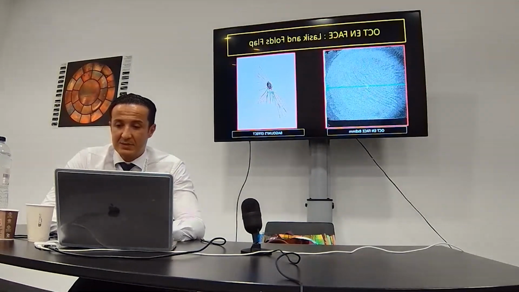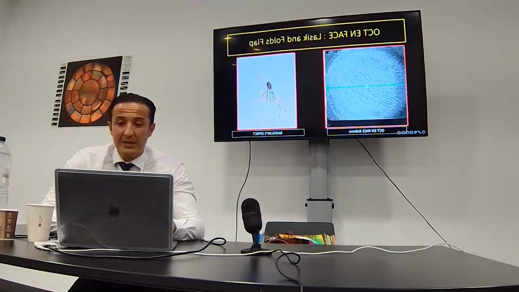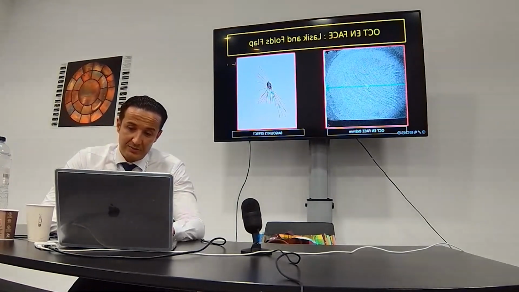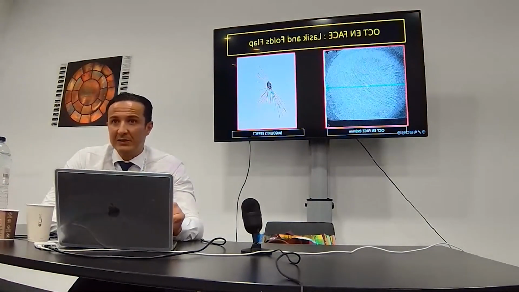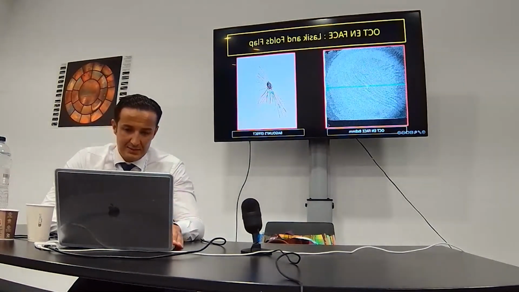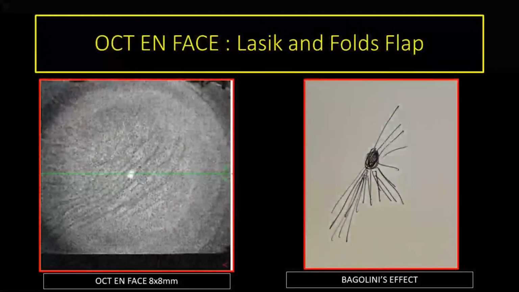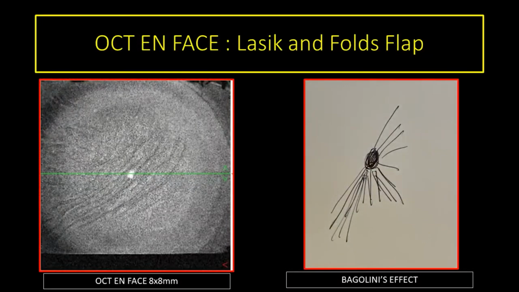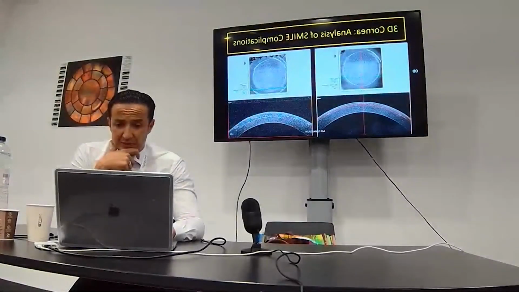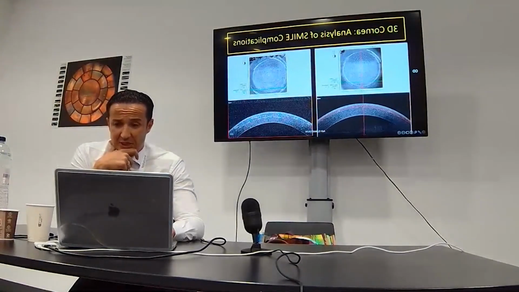And look here, this is a microfold within the flap inducing diffraction, called the Bagolini effect. And this is the drawing performed by the patient. The case of SMILE, look at the right eye, there is a very regular cutting shape.